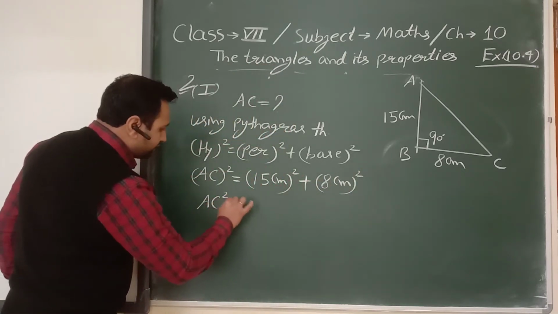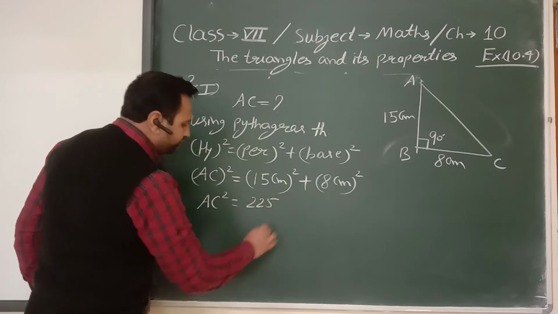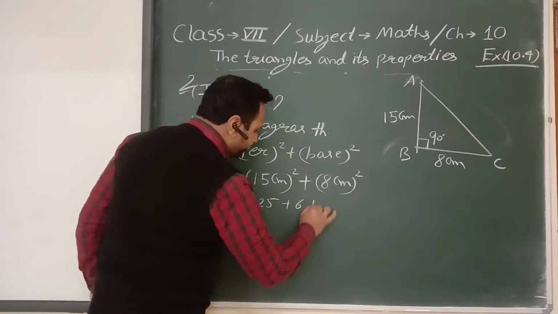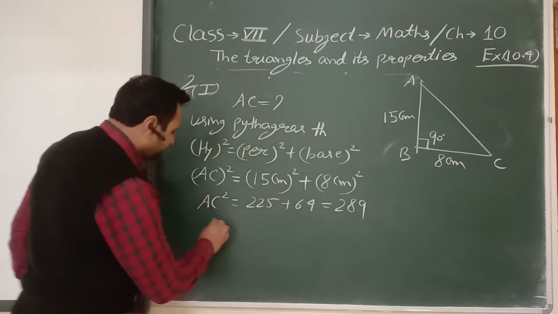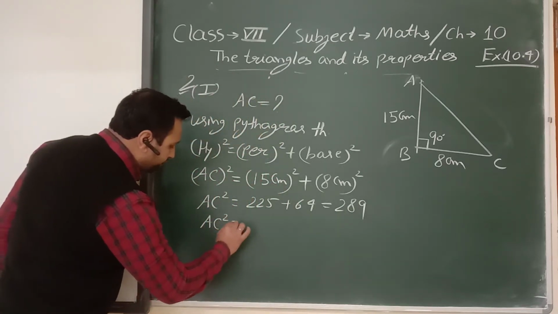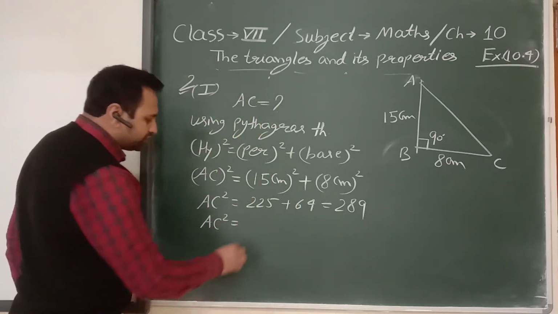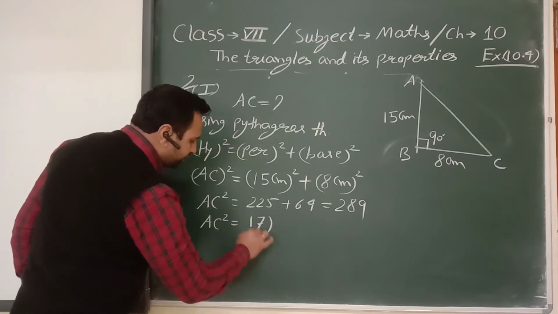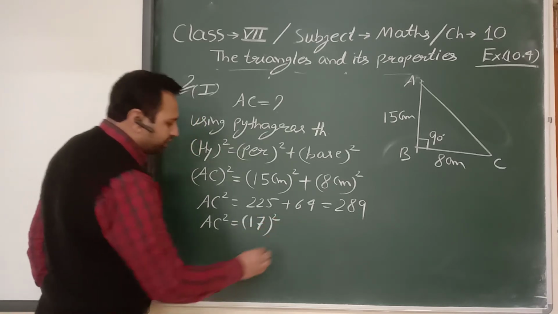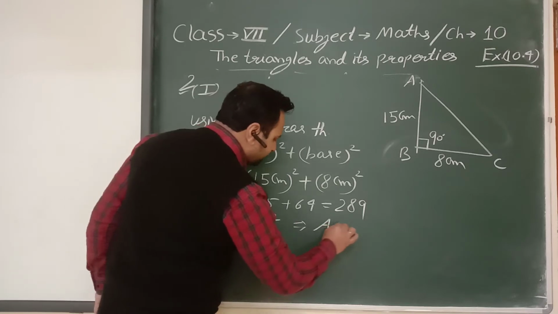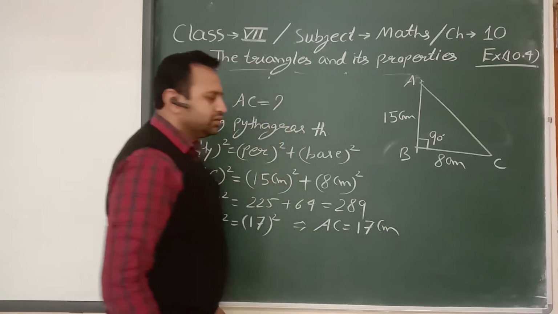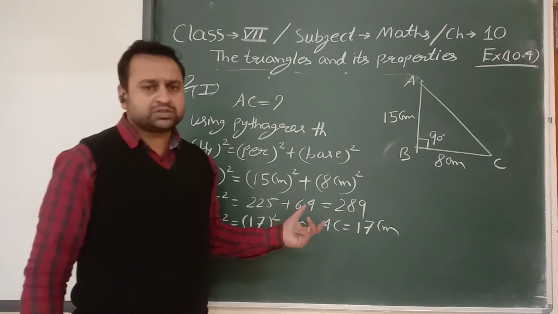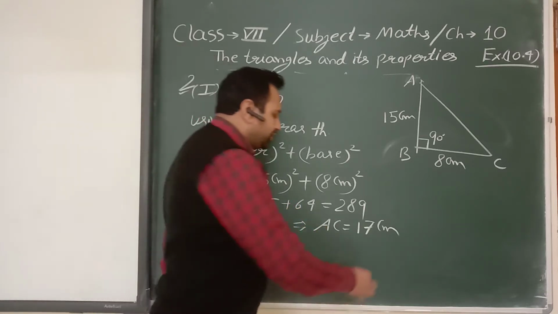So AC square is equal to 225 plus 64, and their sum is 289. And we know that 289 is the square of 17. It means we can note down 17 square. So finally AC is equal to 17 centimeter. So it means the unknown side is 17 centimeter.